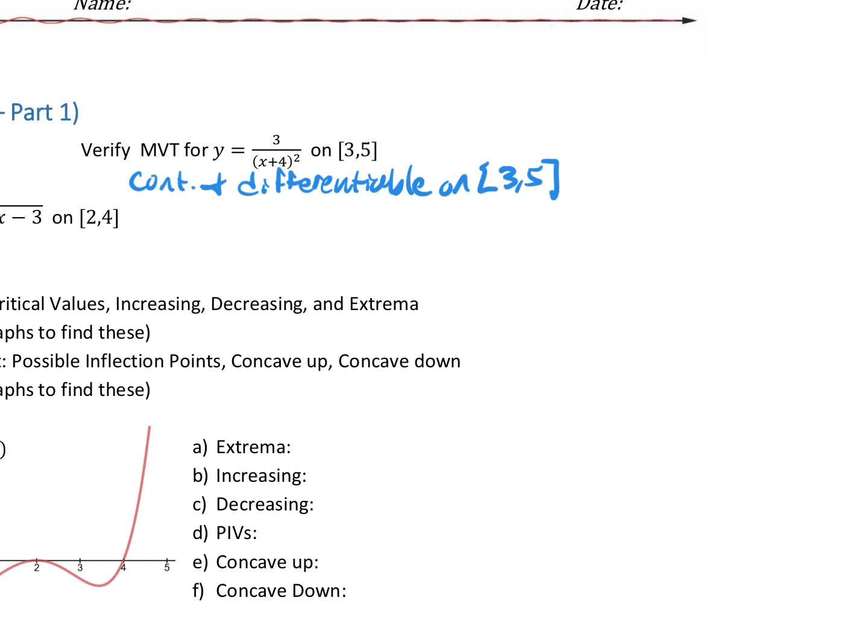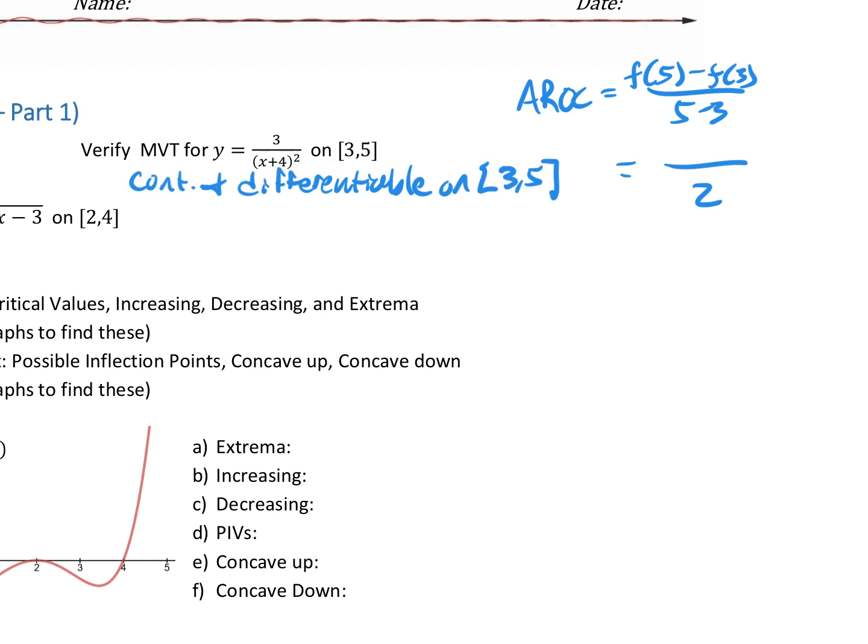But we need to find the average rate of change. Okay, the average rate of change is f of b, in this case f of 5 minus f of 3, all over 5 minus 3. It's going to be 2 on the bottom. When you plug in 5 here, you get 5 plus 4 is 9 squared, which is 81.